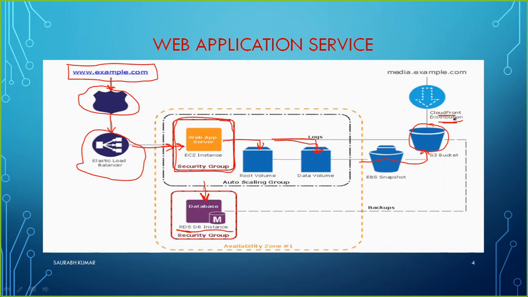We have discussed CDN before. So the CloudFront distribution can be directly connected to your S3 bucket, so that big pictures or videos, or whatever content you want to be cached and stored on the distribution point CDN, can be directly stored on your S3 bucket.